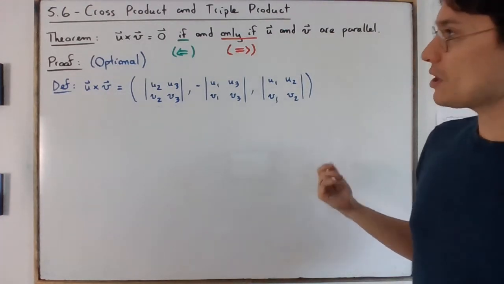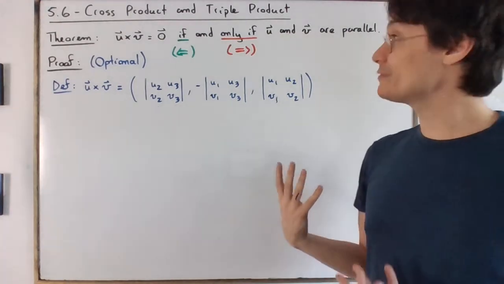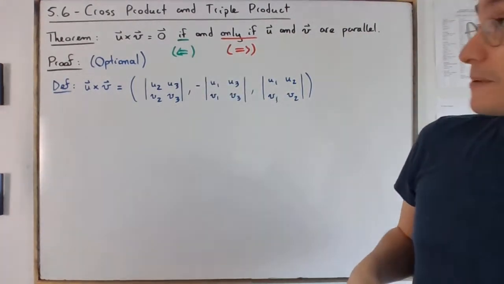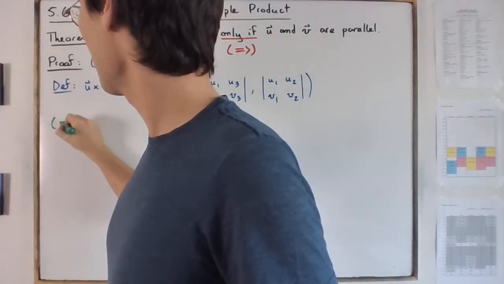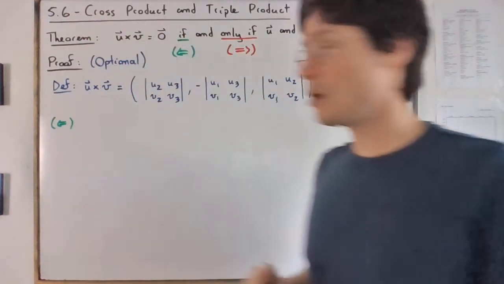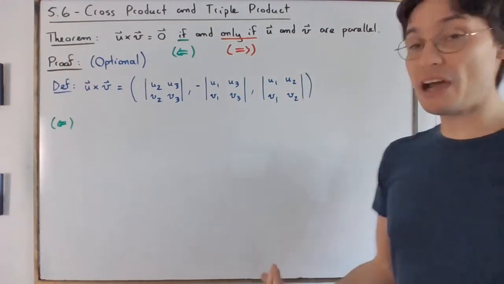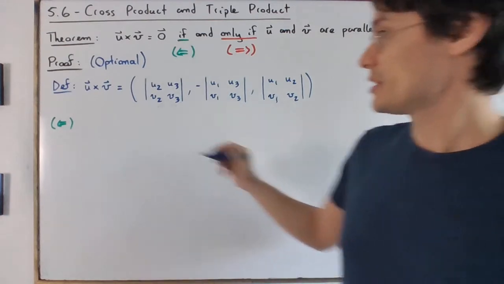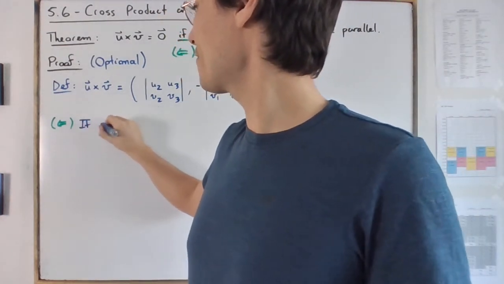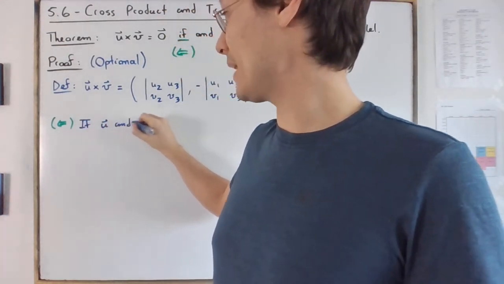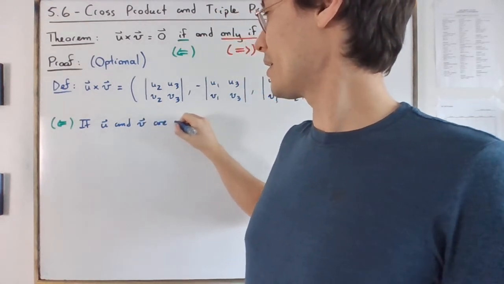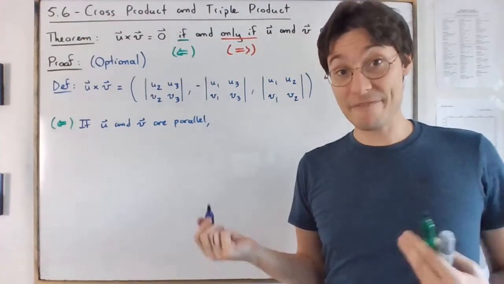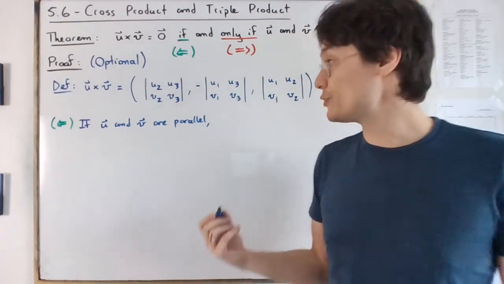There's one part of the proof that is easy, and it's the if part, so let's do that part first. We are supposing that u and v are parallel, and we will prove that the cross product is 0. If u and v are parallel, then v is a scalar multiple of u.